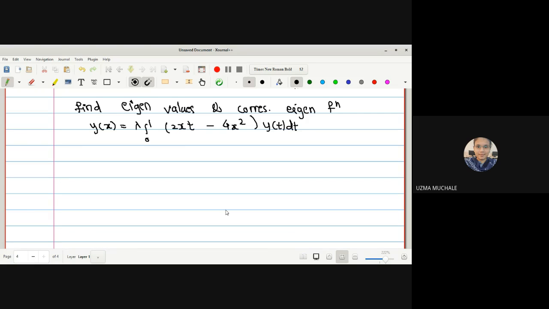Have you solved it? Please, you can tell me what are the values of lambda.